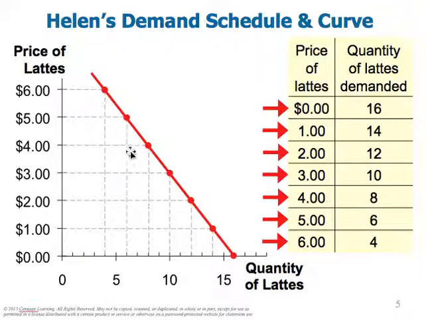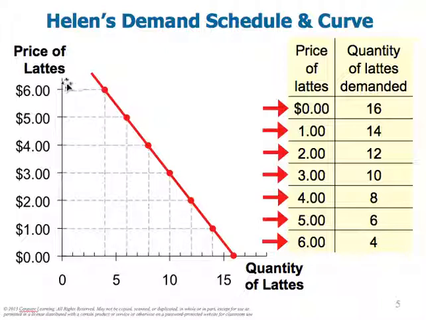And obviously, as you see from here, it's a downward sloping curve. A downward sloping curve has a negative slope. So this tells you that there is a negative relationship between price and quantity demanded. When the price of lattes is $6, quantity demanded is only 4. But when the price falls, quantity demanded increases from 4 to 6.